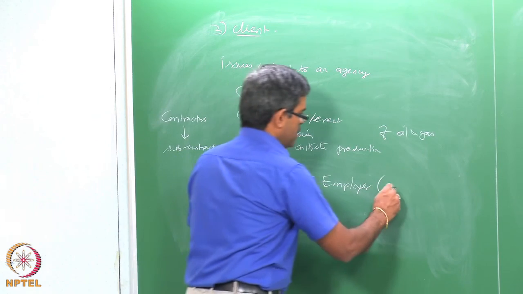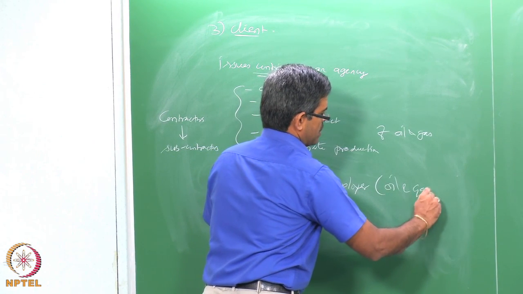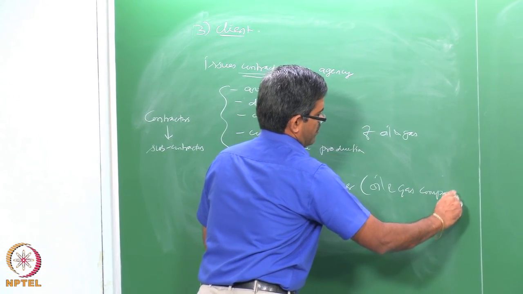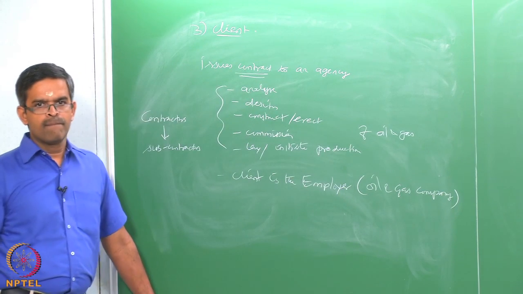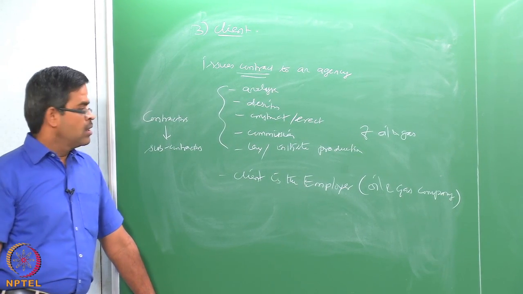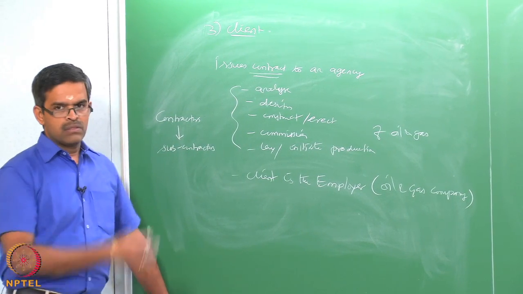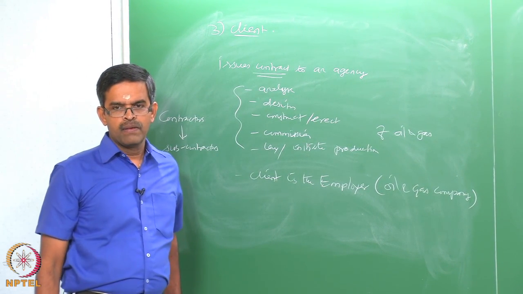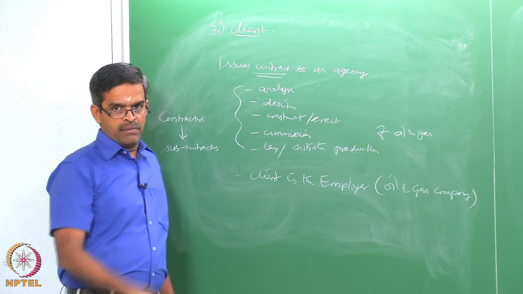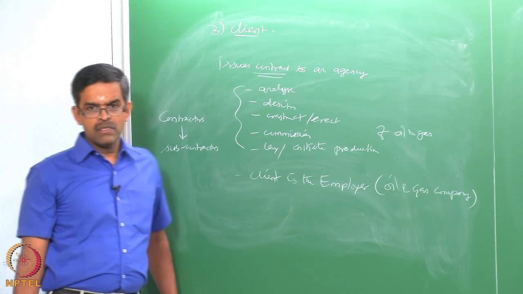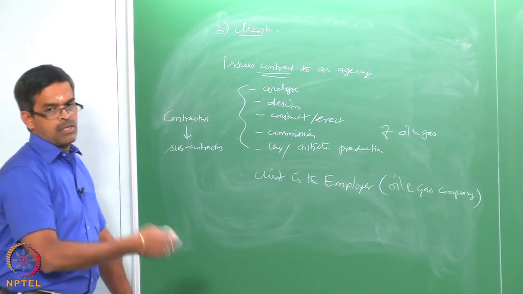Usually it is the oil and gas company itself, who issues contract to the contractor or to the subcontractor to carry out the work. The contractor may then take care of the role of the client by issuing contracts or subcontracts.